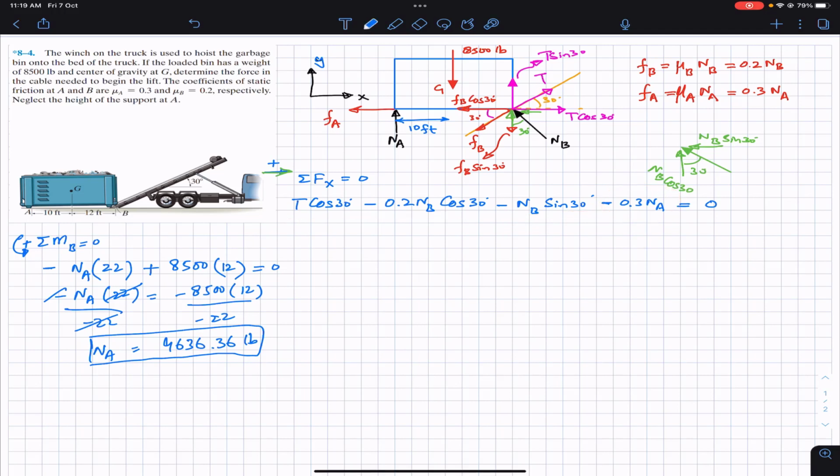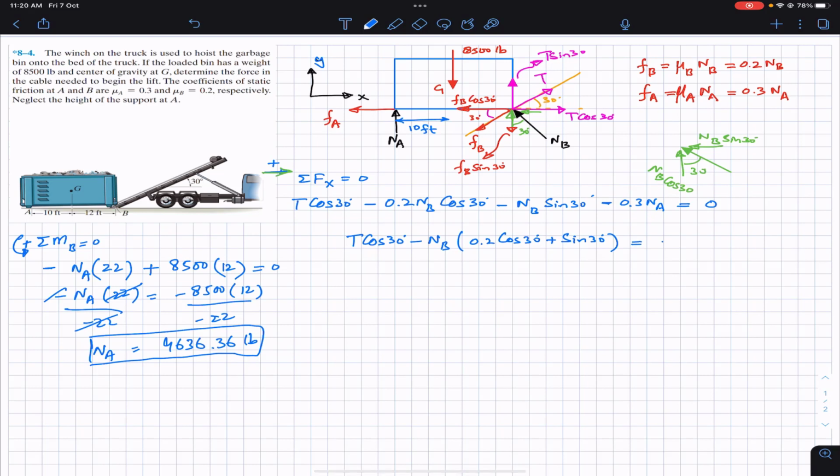So we have this equation: T cos of 30 minus 0.2 NB, and let's take NB common from both of these terms. So I can write this as minus NB times 0.2 cos of 30 plus sine of 30. If I bring the other term to the other side of the equation, it becomes positive.